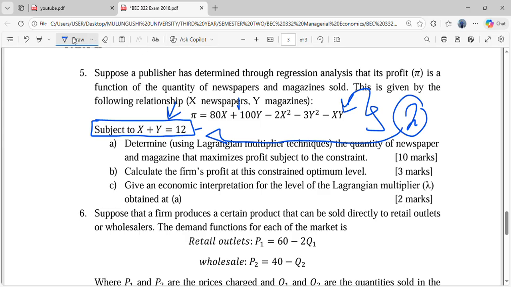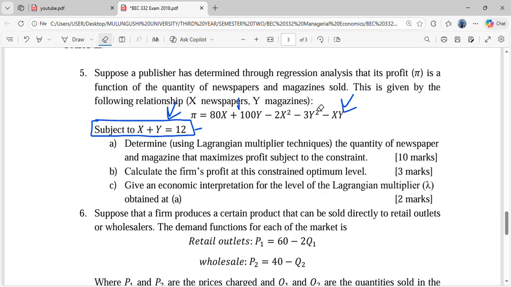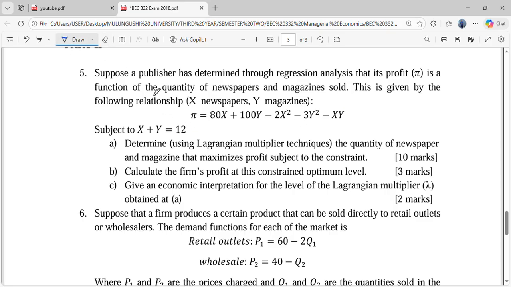So let us switch to our board that we will use in solving this question. We are told to determine using Lagrangian multiplier techniques, so we are going to combine the original function and the constraint equation.